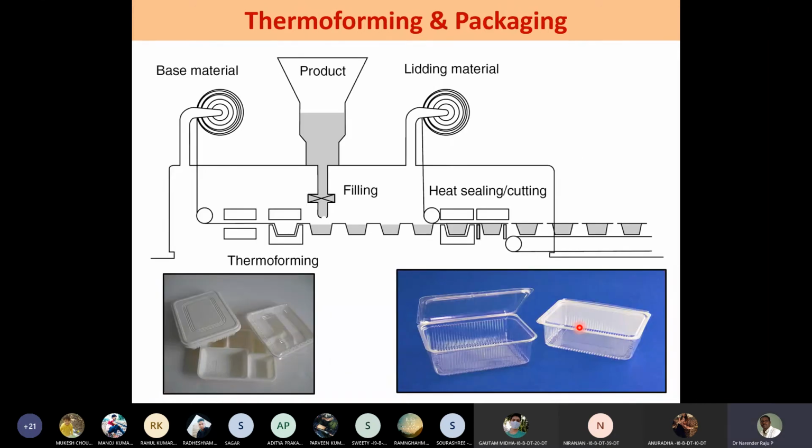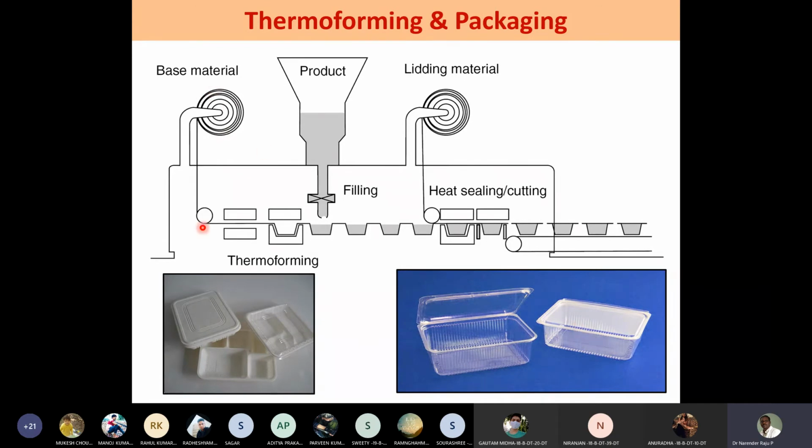Now, the next technique is thermoforming and packaging. Thermoforming is a bit different from the other earlier techniques, because in thermoforming, the raw material is not the plastic granules, but the plastic film.